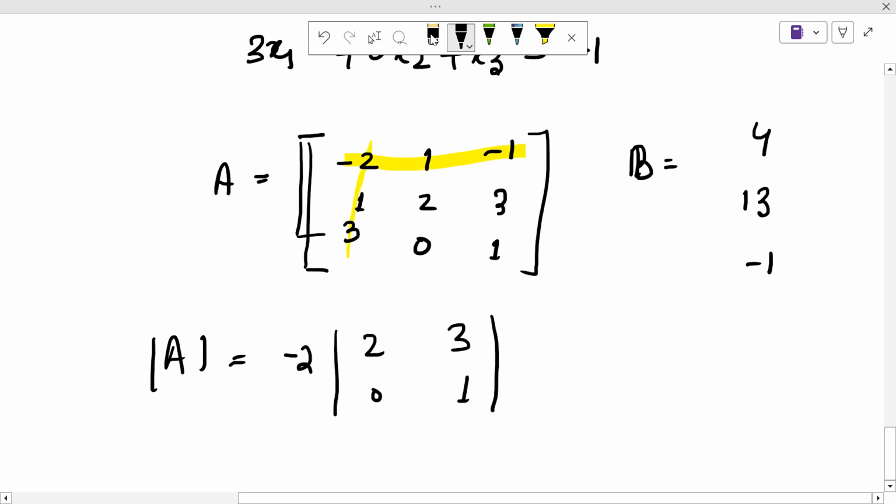Next we use the second element, one column and one row omitted, then the determinant of the remaining values is -1 times the determinant of 1, 3, 3, 1.